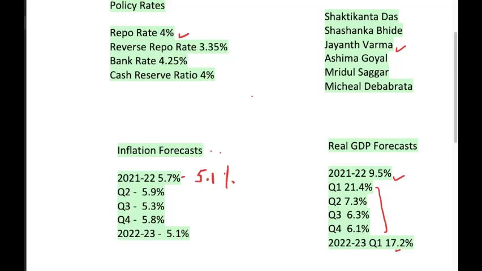So it decided to keep the inflation at 4% with 2% deviation on either side. That is, 2% to 6% it can deviate. And now, at the present moment, we are very close to 6%. Only 30 basis points difference is there before we may reach 6%, that is the upper limit for inflation to rise.